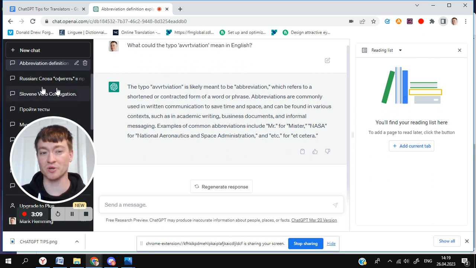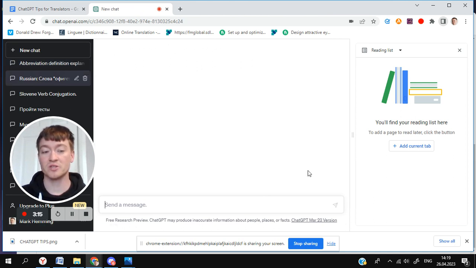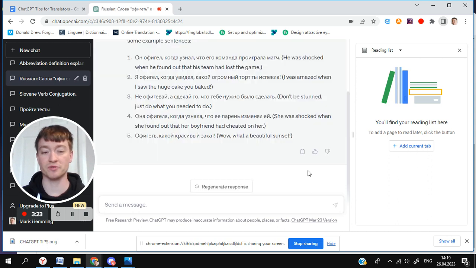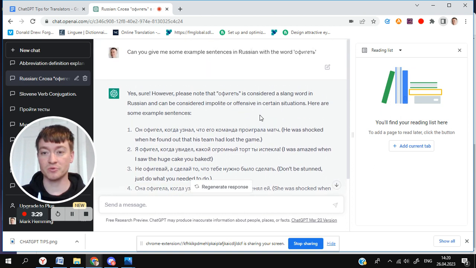The next use that I'll go on to is for examples around a particular word or verb. So I've chosen a Russian verb here, офигеть, which has a lot of different options. It can mean a lot of different things. And I think the first time I came across this when I was learning Russian, I was a bit confused. So the cool thing is I've said, ChatGPT, can you give me some example sentences using this verb?